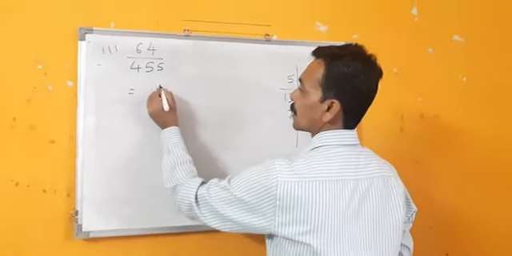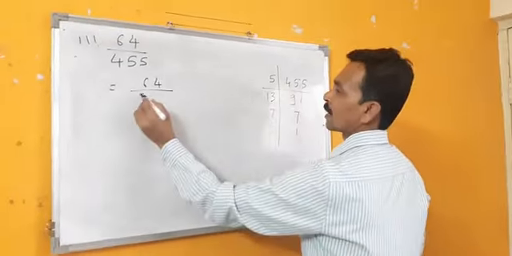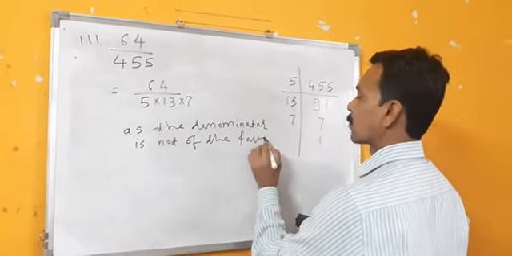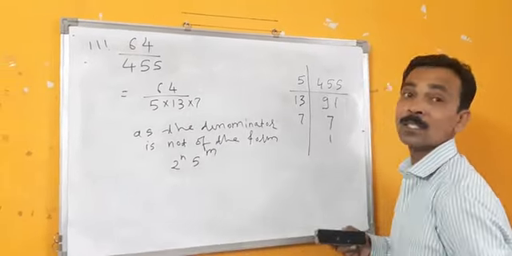I will write here: 64 upon 5 into 13 into 7. The denominator is not of the form 2 raised to n into 5 raised to m.